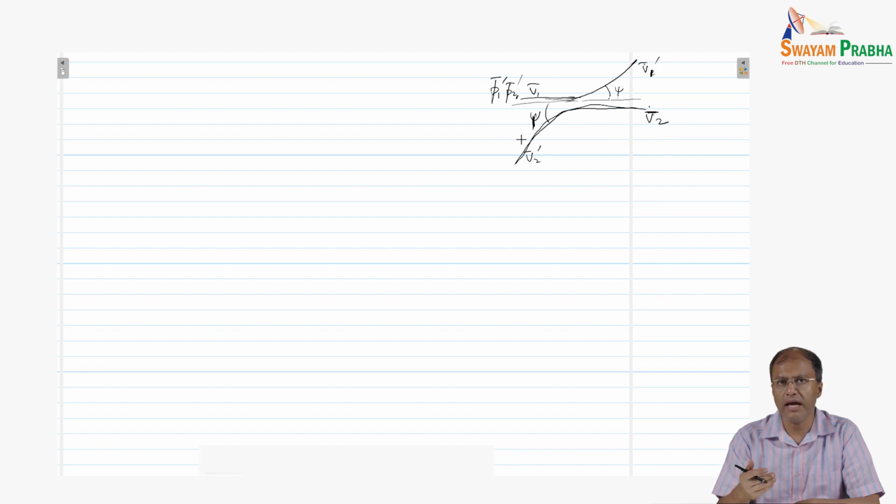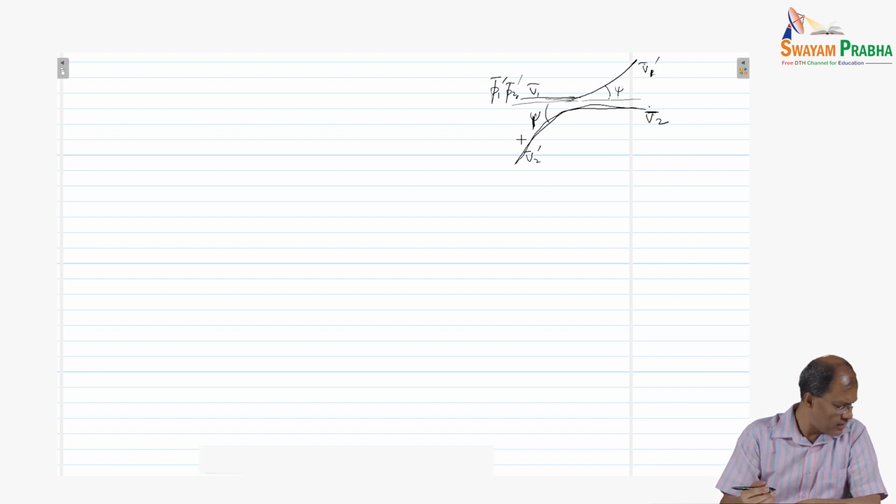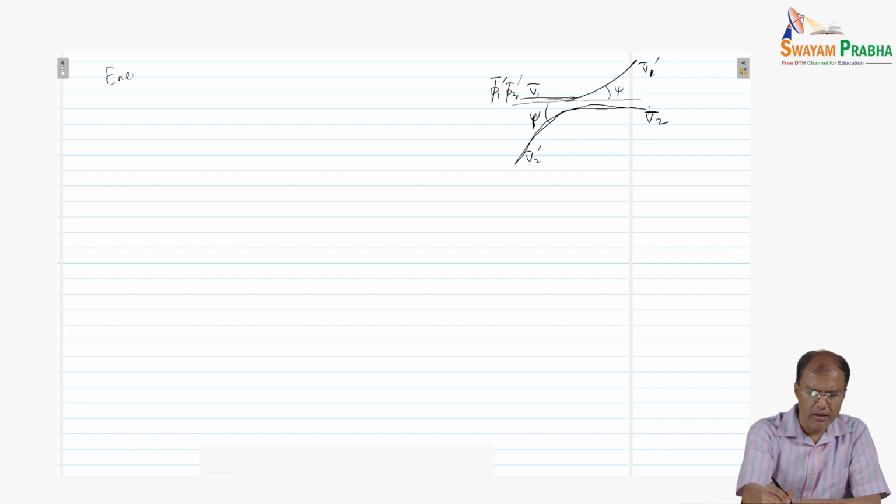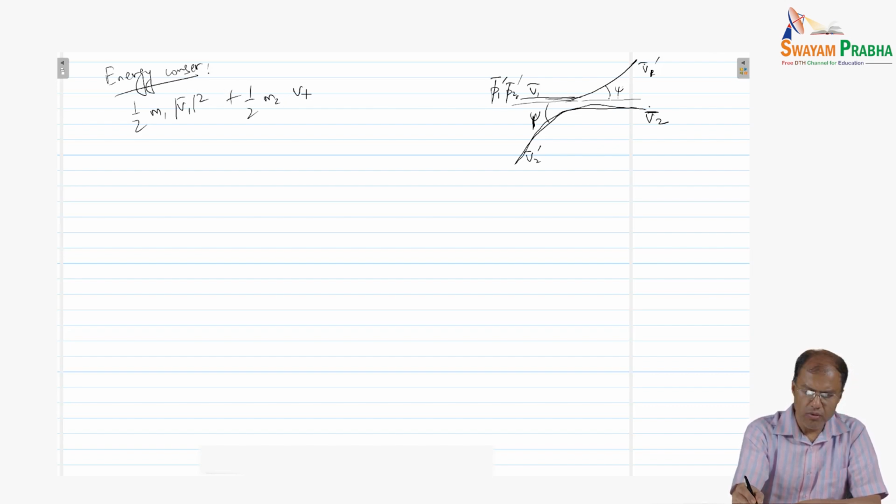But if we were to write the energy conservation in this frame, we see that P1, so half m1 v1 square plus half m2 v2 square plus Q comes out to be half m1 v1 prime square plus half m2 v2 prime square, right?